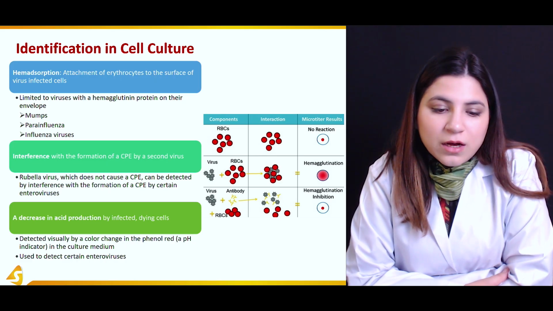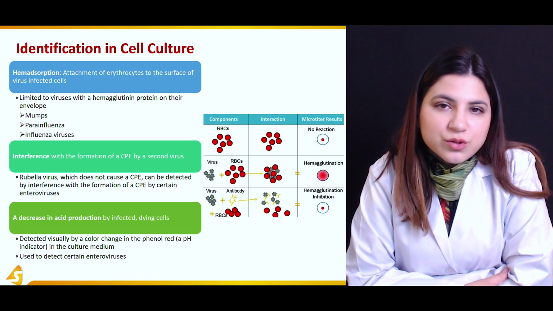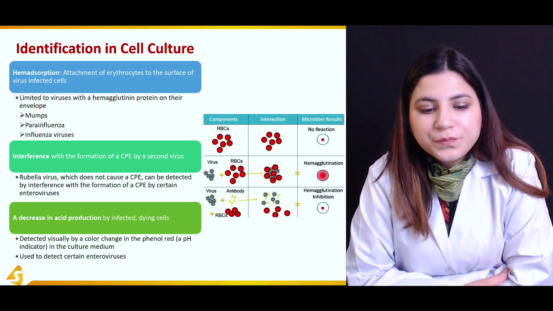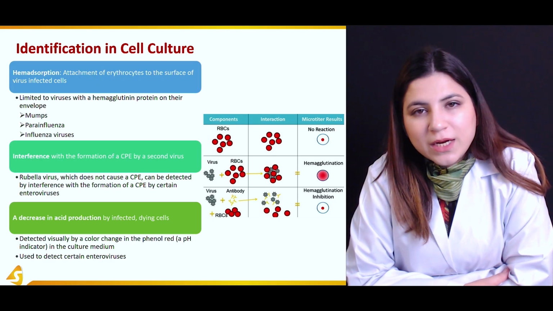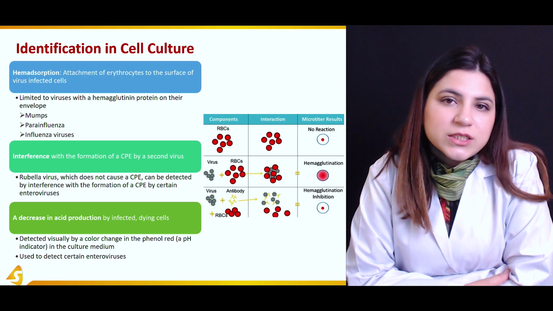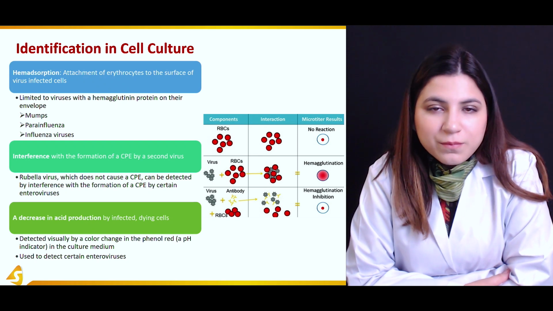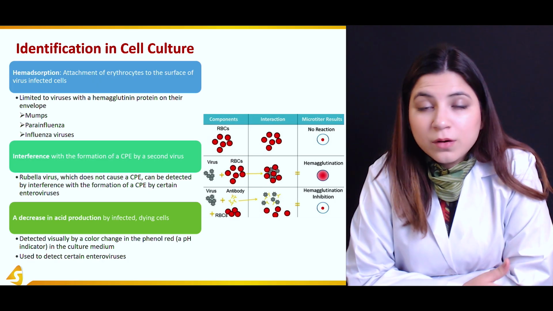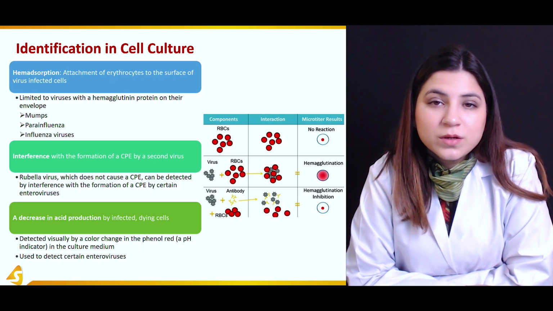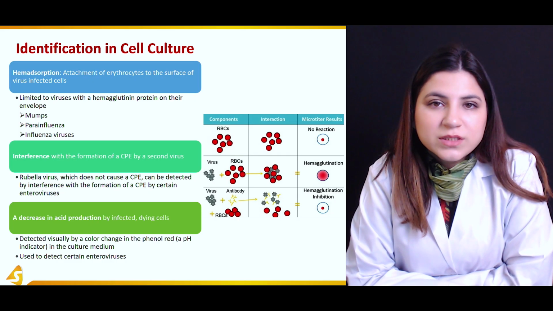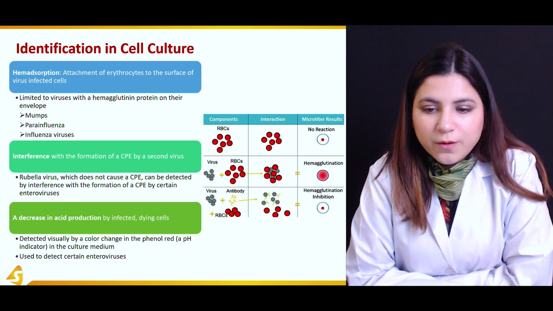And once this pH indicator is present inside the medium, there will be a decrease in acid production by the cell culture that will result in a change in color of that medium, and this will help us identify whether or not the cells are infected. Almost all the enteroviruses are detected by this method.